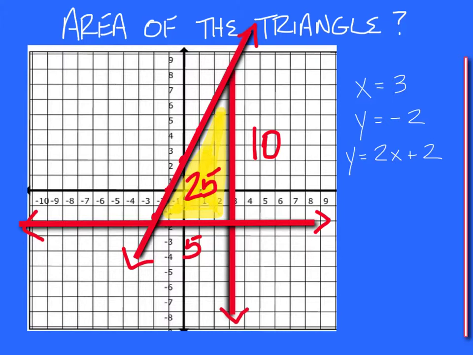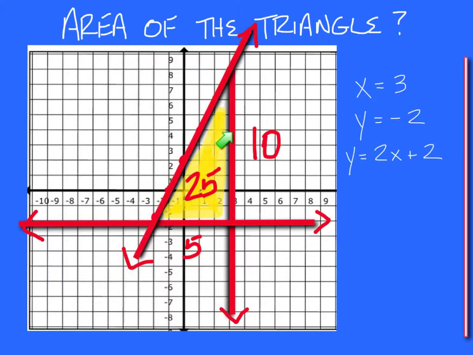For example 3, it's already worked out, and this will be extra credit on the test tomorrow if it does show up. And that is, you're given 3 or more lines to draw, and it creates a figure in the middle for which you have to find the area. In this case, I have graphed x equals 3 as a vertical line here, y equals negative 2 as a horizontal line there, and y equals 2x plus 2 as a diagonal line there.